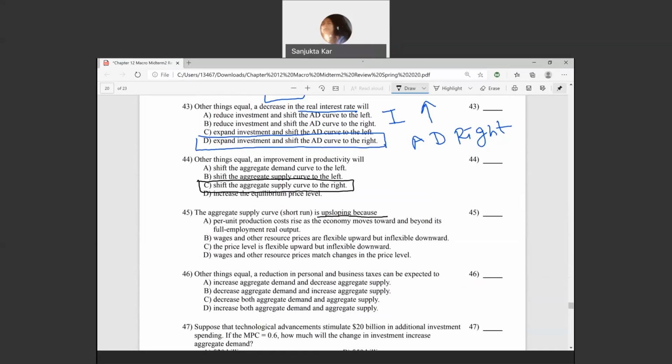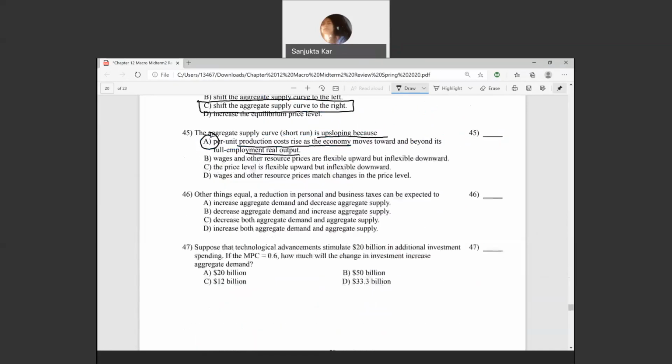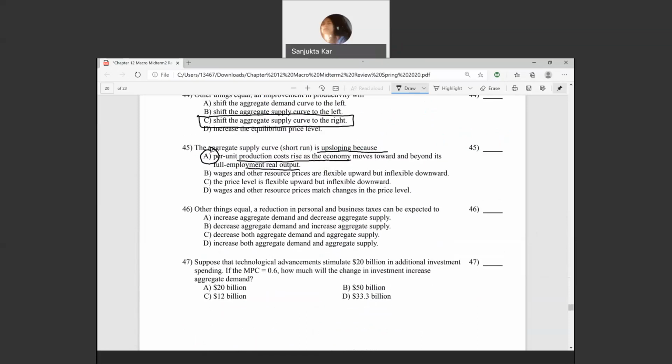So the answer is going to be A here. Per unit production cost rise as the economy moves towards and beyond its full employment real output. This makes sense.